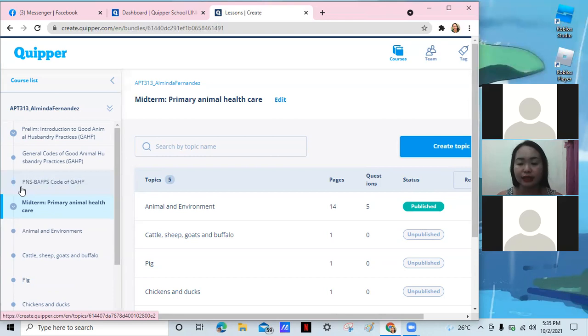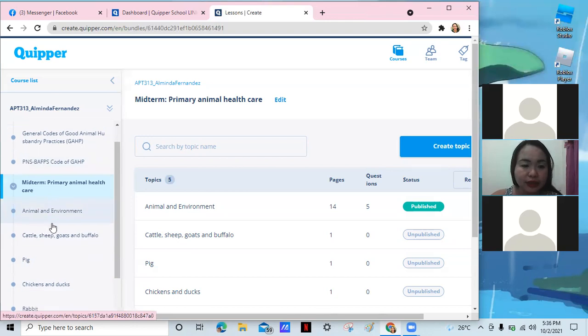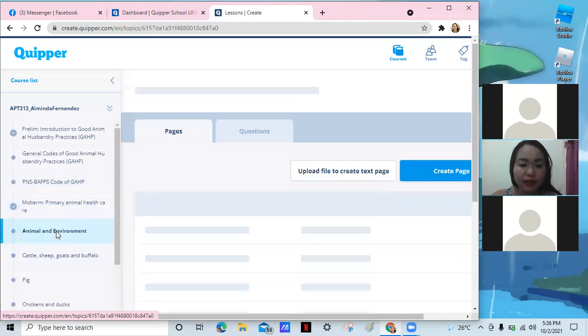So next is poultry, which is 315. So we will start with the animal and the environment.